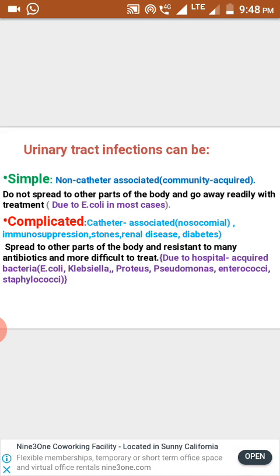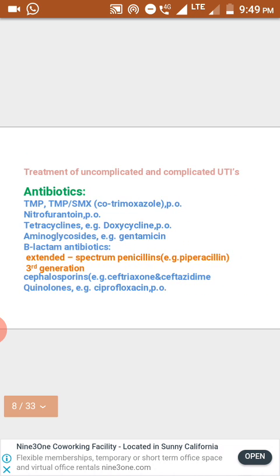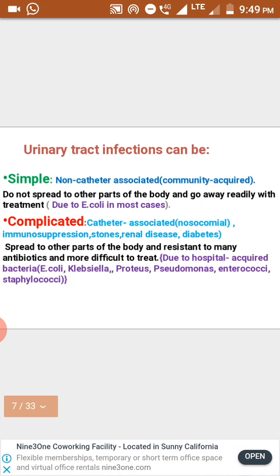These are all the common symptoms, along with some complications. This is about the signs and symptoms of urinary tract infections.